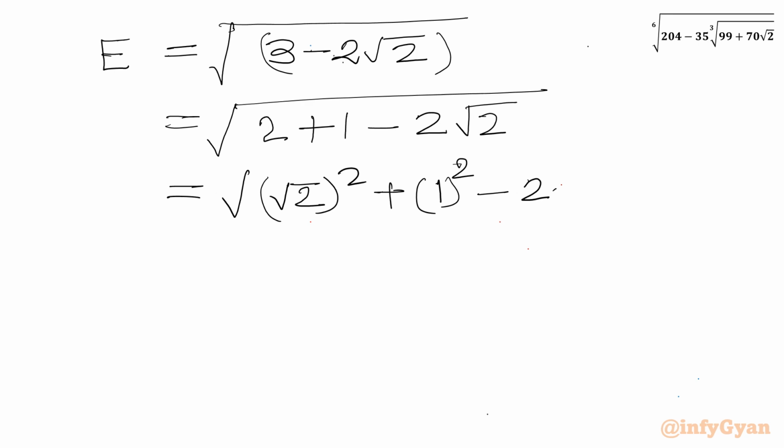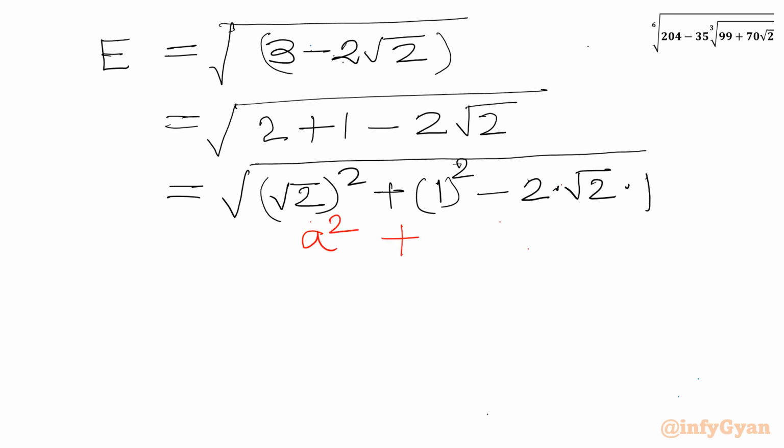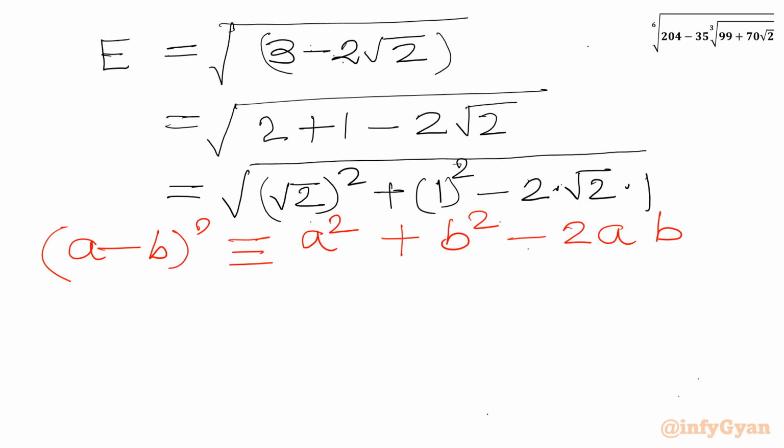And here I will be writing 2 times root 2 times 1 under square root. Now if you see the radicand, it is again one algebraic identity. I will write a square plus b square minus 2ab. This is a minus b whole square.